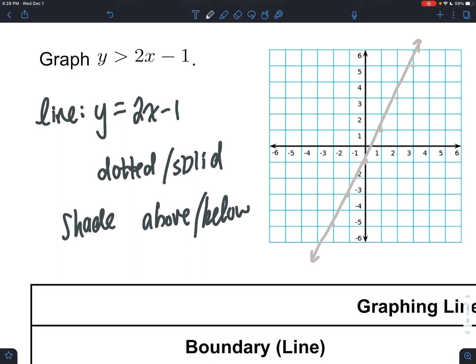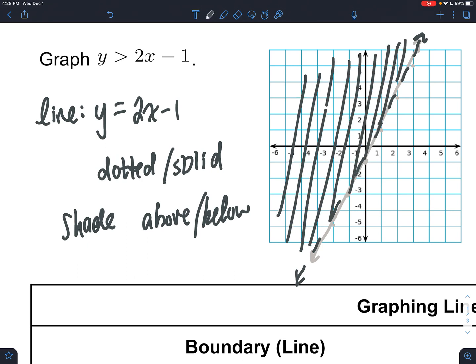We're going to show this in a second in the box that's under here. But this is not an or equal to, so our solution is going to have a dotted line. Now we can ignore that light gray, and because it's greater than, we're going to shade above.